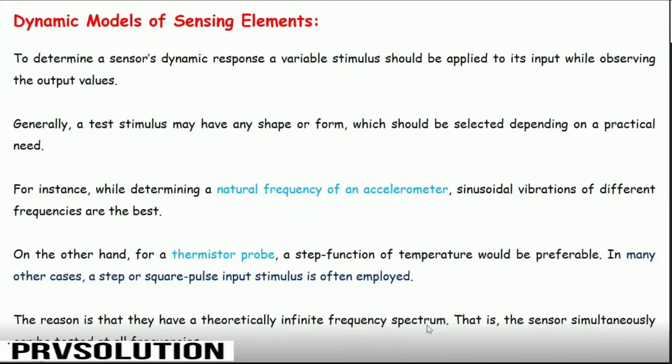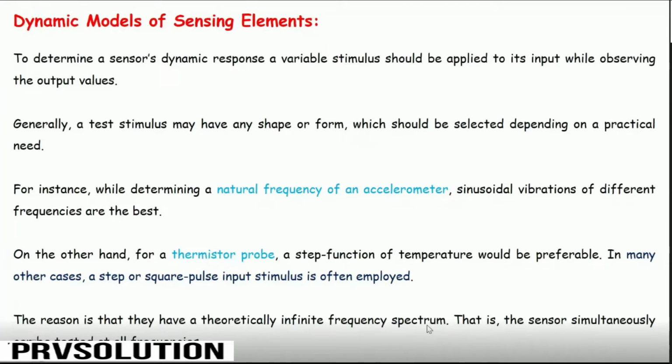Why are these of interest as stimuli? The reason is that if we look at the frequency spectrum of a step function, or of an impulse, theoretically an infinite frequency spectrum may exist in these functions.